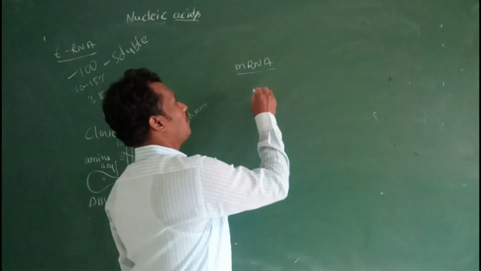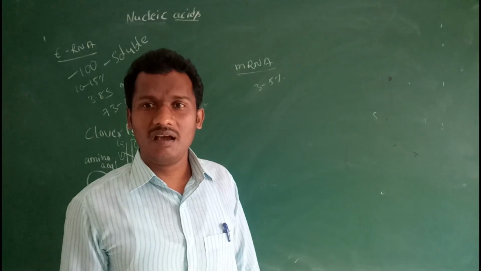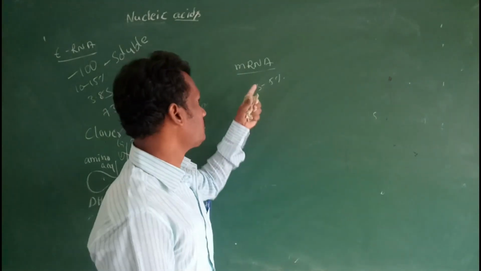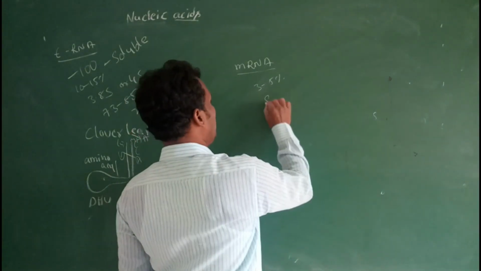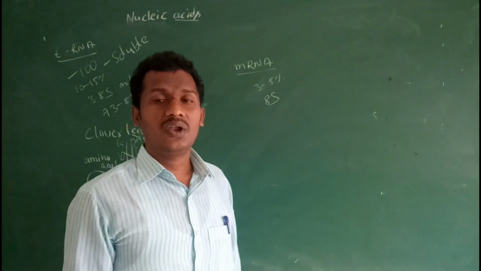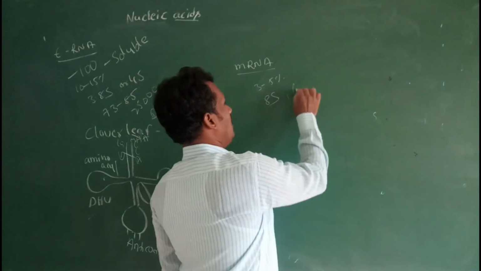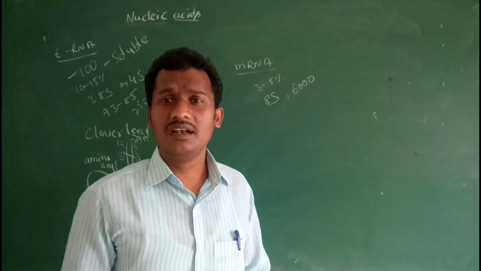mRNA is approximately 3 to 5% of the total RNA in the cytoplasm of the cell. The sedimentation coefficient of mRNA is approximately 8S. It contains approximately 6,000 nucleotides, or 6 to 10,000 or 12,000 nucleotides.